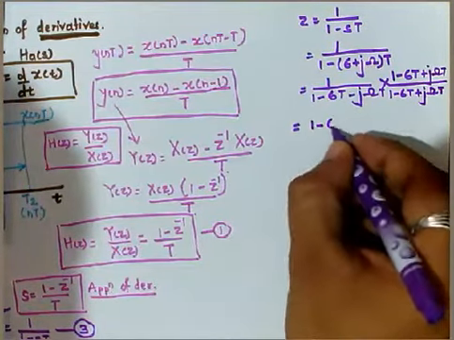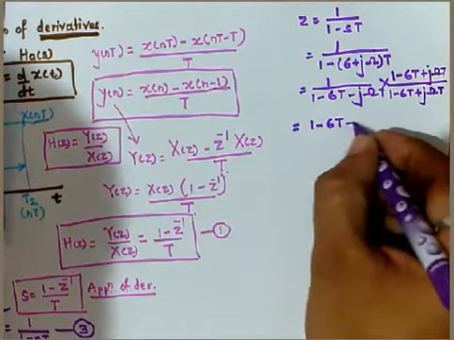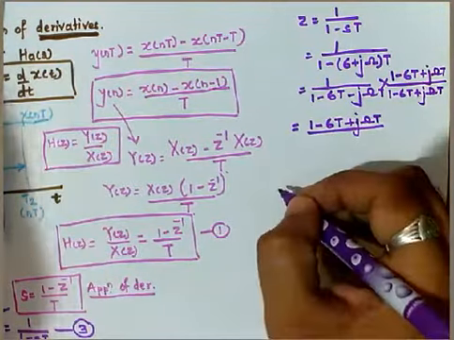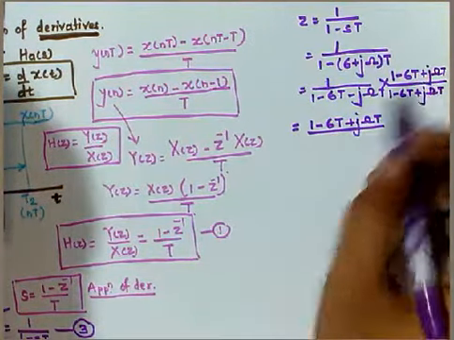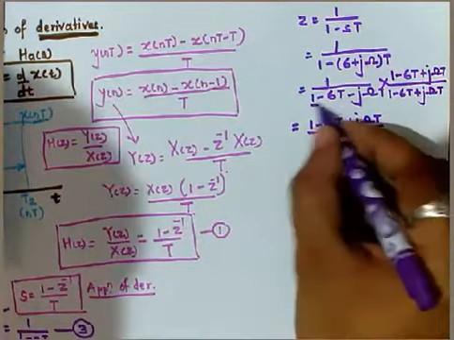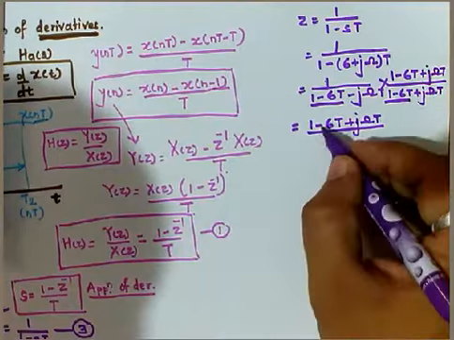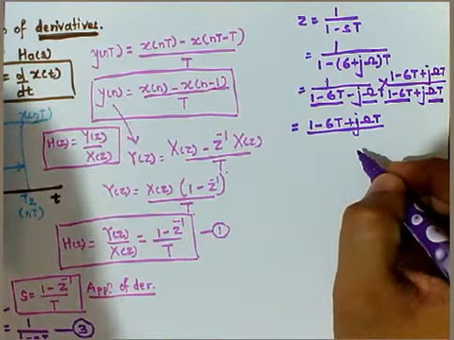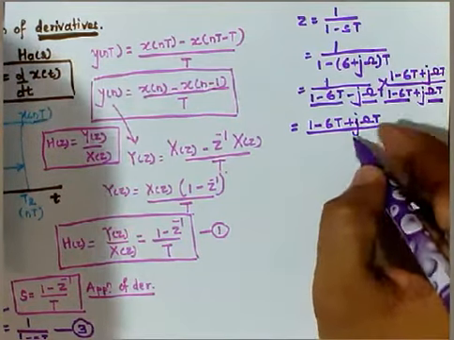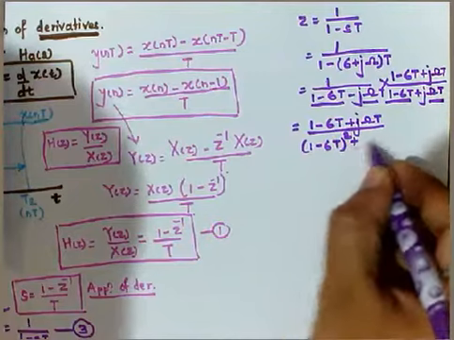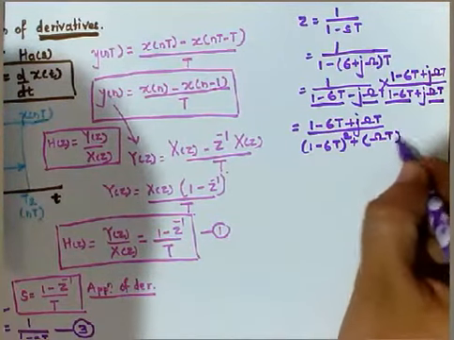The numerator is quite obvious, and the denominator will be nothing but a minus b, so a square minus b square. So this will be (1 minus sigma T) square plus (omega T) square.